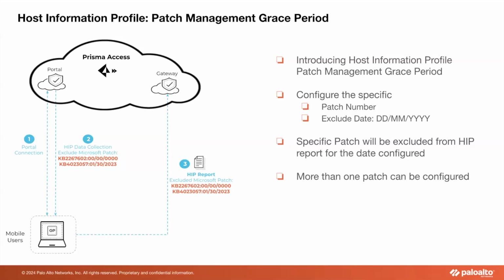That way, for the patches that are frequently getting updated, by configuring that grace period, the users will be allowed to connect to the network, and the problem of the frequent patch update, the mismatch, and the GlobalProtect users being denied access to the network will be avoided.